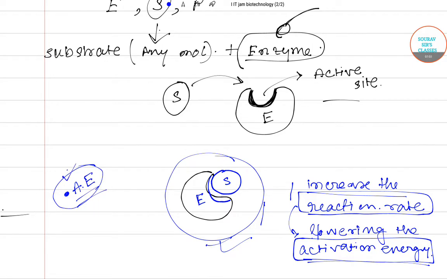So when a very small amount of activation energy is required to start an enzymatic reaction, the reaction rate will also be increased. So activation energy is lowered and the reaction rate will increase.